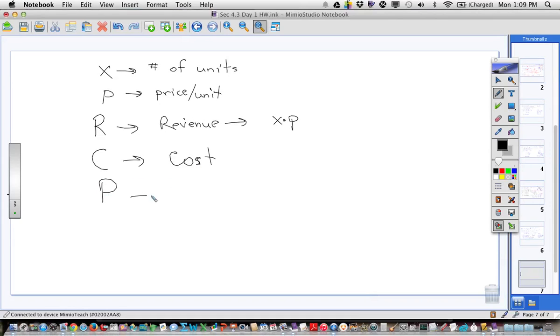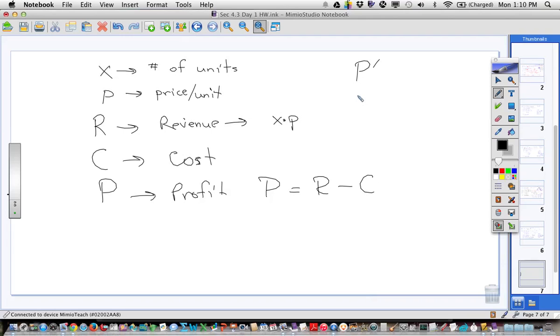And then the last thing, profit, which is what we're mostly interested in, is revenue minus cost. That's a formula you want to make sure you understand. It's the money you bring in minus the cost to produce it. If you're doing a max profit problem, that's what you want to set up: your revenue minus your cost. So we need to be familiar with these terms.